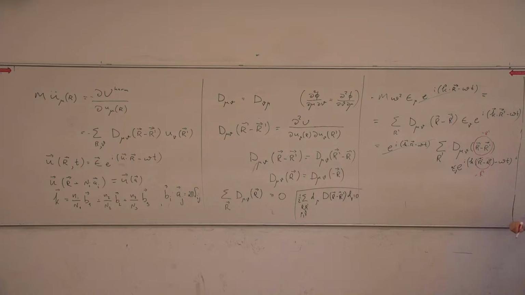Because I sum over all the points I don't care if I'm starting at some R or another R, it doesn't matter. Therefore, I can replace R prime minus R by R prime. And according to the symmetries that we have shown a few minutes ago, I can replace the minus by plus.